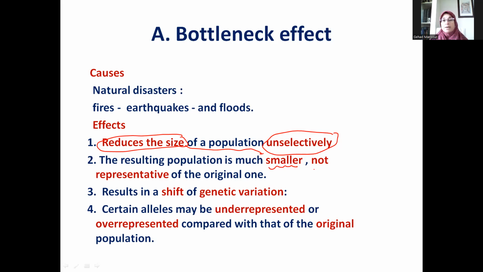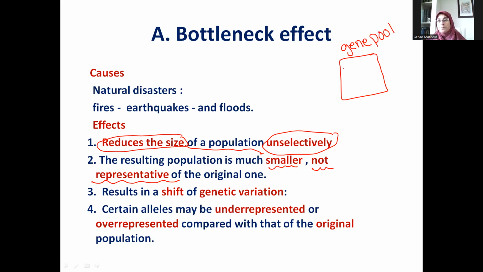But at the same time, it will not be representative of the original one, meaning that if this is the gene pool of the population, and that is an interesting term to learn, the gene pool of the population means all the alleles that can be present in all the individuals.